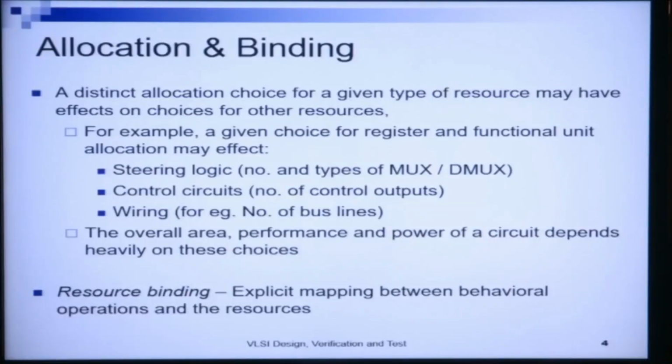Let us say the select inputs of the muxes and demuxes are controlled by these controllers. So, when the numbers and types of muxes and demuxes change, the number of outputs that the control unit will have to produce at each time step will also vary. So, the register and functional unit allocation step will also determine the complexity of the control circuit. It will also affect the wiring in the circuit.